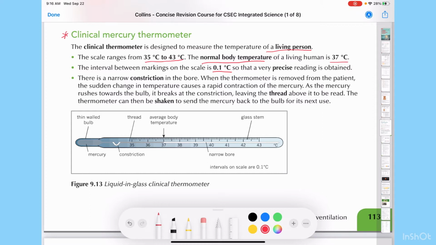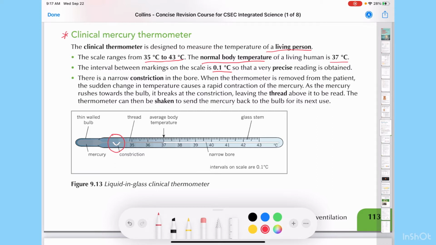the clinical thermometer. Another special feature of a clinical thermometer is this little constriction there, right? What the constriction does is that when the bulb is removed from the mouth or from under the arm or wherever the temperature is being taken from, the rapid change in temperature causes the mercury to start contracting very quickly, right?